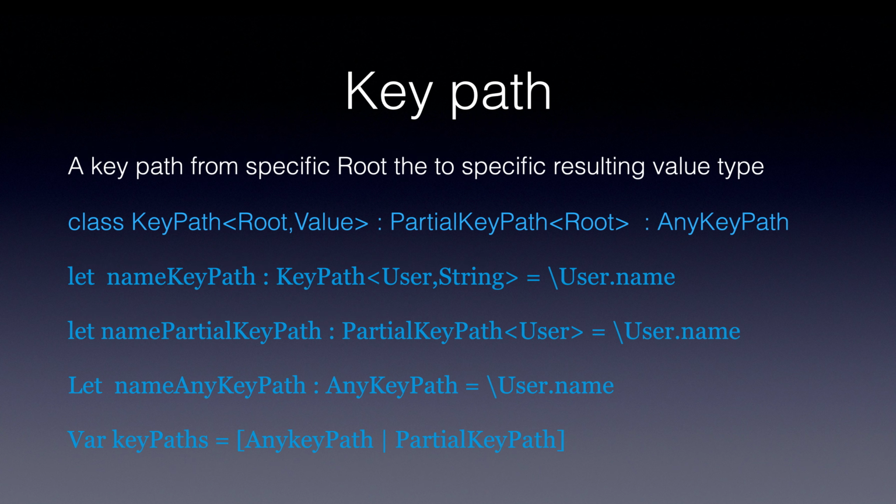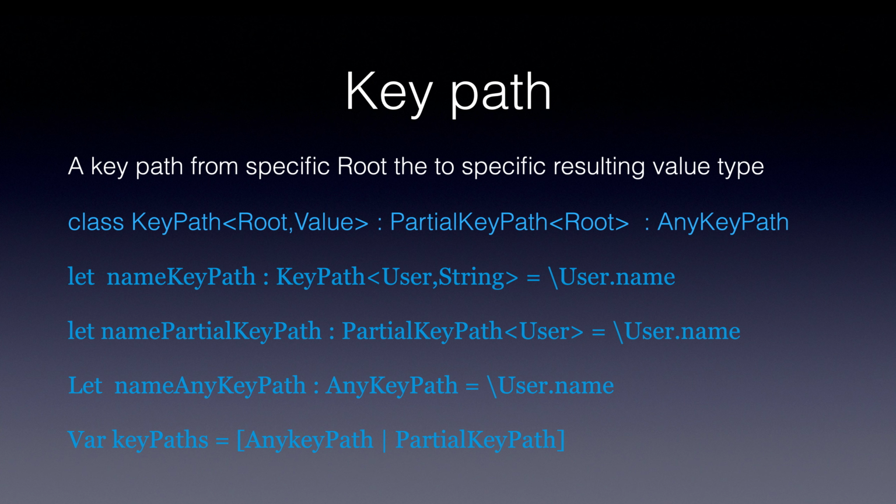The key path is itself a class type, with generic types Root and Value. So it is a key path from a specific root to a specific resulting value type.